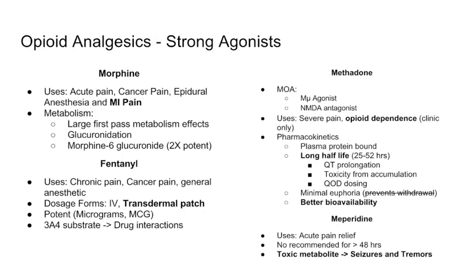All right, so the way it's broken down in your lecture, I'm just going to follow that, even though I probably would have done it a different way. I just wanted to stick with the way it was in class. So strong agonist is sort of a relative term. I think a better term would be higher efficacy or more potent agonists.